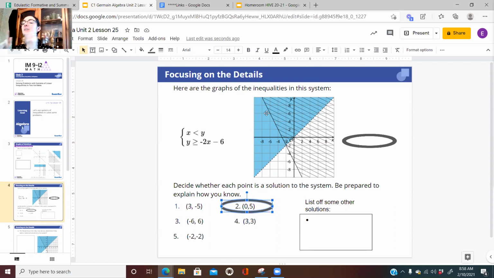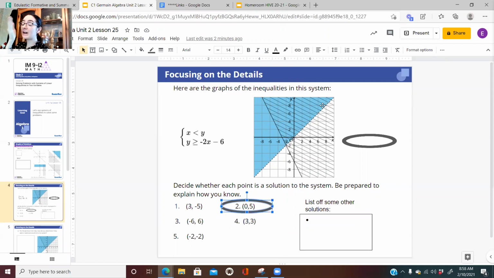I love it. So he said, yes, it falls within that double shaded region on a solid line. So if you're looking at a point that falls on a solid line, you're going to say, yes, that is a solution. If you're looking at a point that falls directly on a dotted line, you're going to say, no, that's not a solution, because when you have that dashed line, that means it's not or equal to that value.